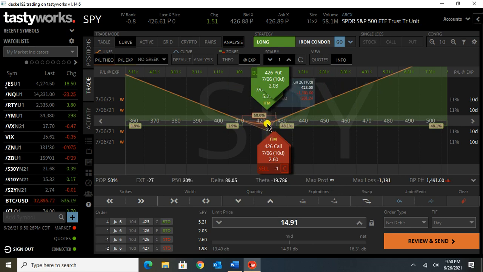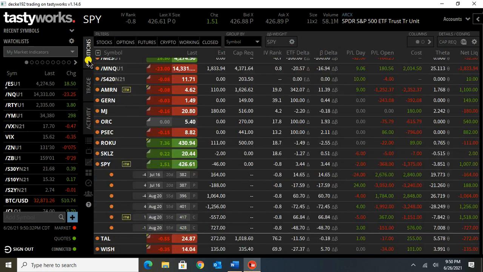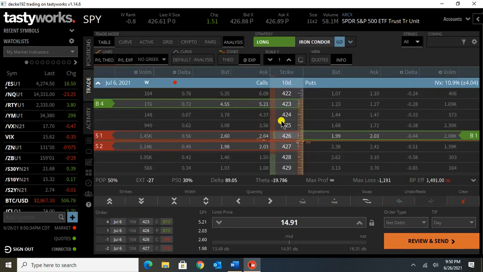You're going to actually be above at this orange line, and that's because these strikes are still going to hang on to their extrinsic value, so you're not going to lose all of it all at once. So with that said, let's move into the different adjustments you can make on this trade.